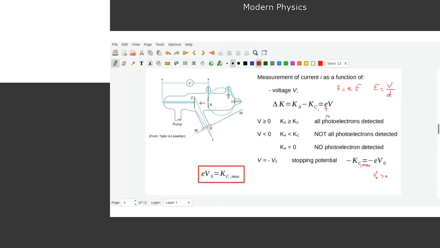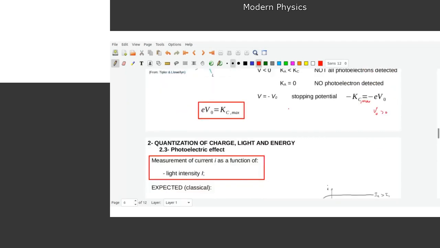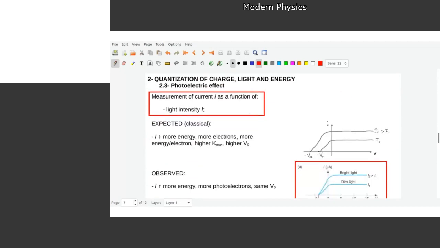The scientists at that time already had this knowledge. They could apply this. And so let's go now to the next measurement of the photocurrent I as a function of, let's say, the light intensity.